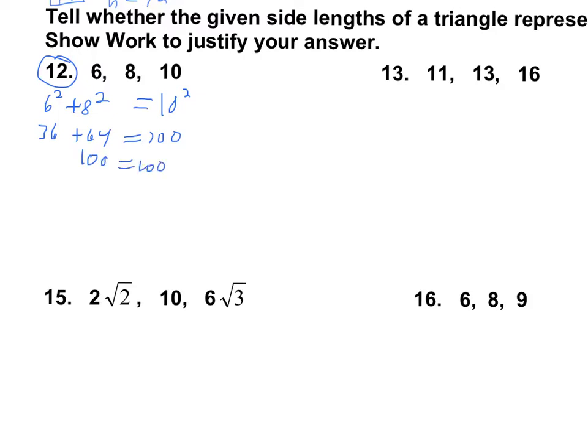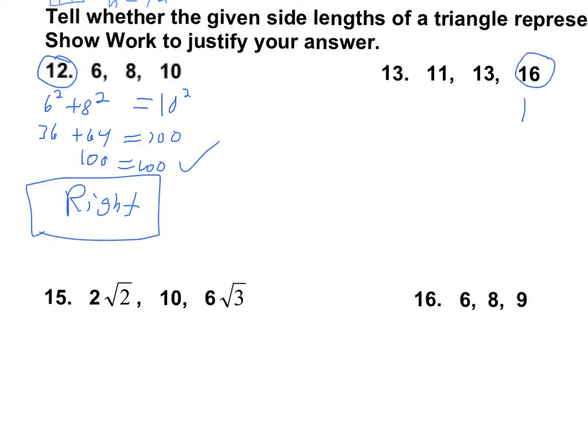So if you can plug the three numbers into the Pythagorean theorem, and it works, the left side really does equal the right side, that means it's a right triangle. The question is, what happens when it doesn't work? In number 13, I can see that 16 would be the hypotenuse part, so that's going to be by itself, and the other numbers will be squared and added together.